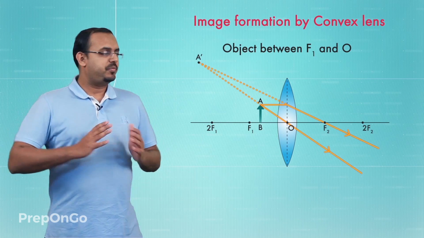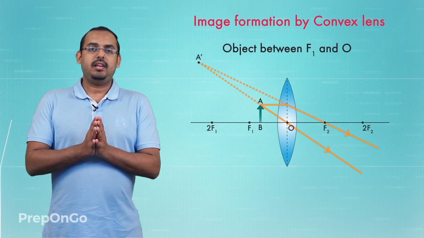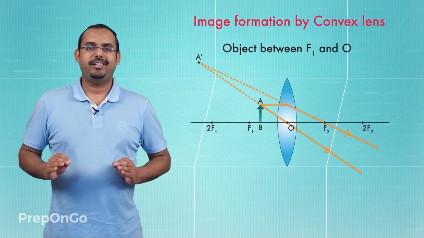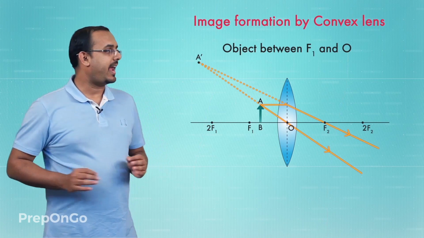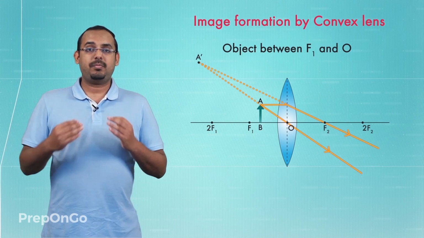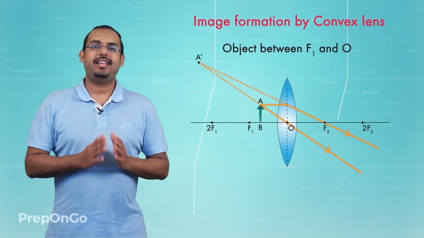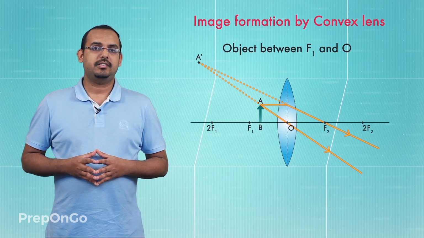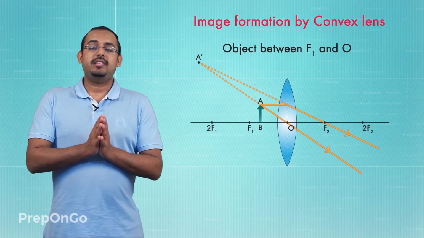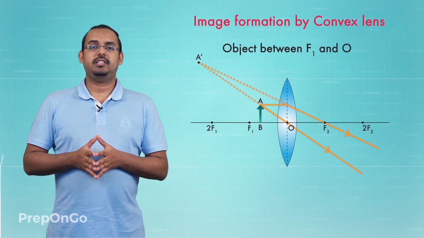Our brain will perceive these two rays as if they are coming from this point A dash. So in this case, we say that these two rays appear to meet at the point A dash behind the convex lens.